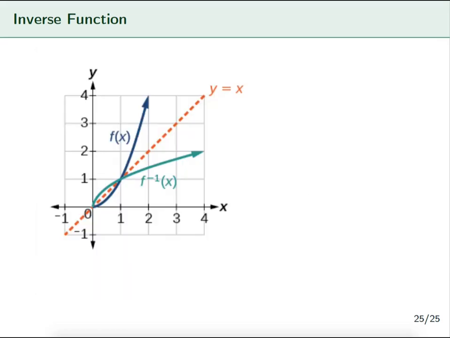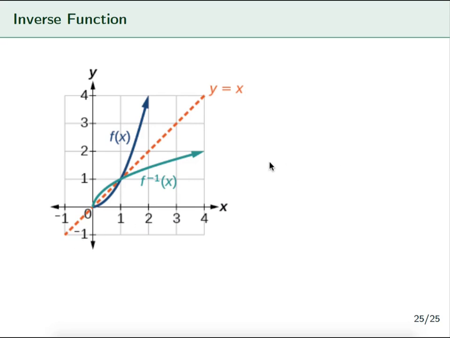Let's look at why we have y equals x as a symmetry. You can think of the two graphs as symmetric around y equals x, but a more accurate way of thinking about it is that we're rotating around y equals x, the diagonal line.